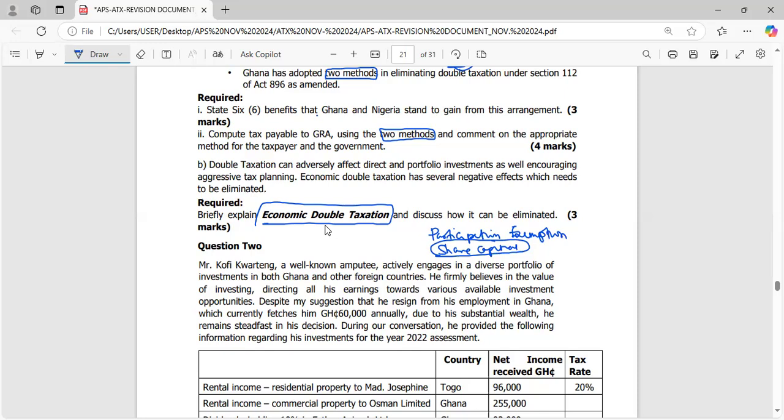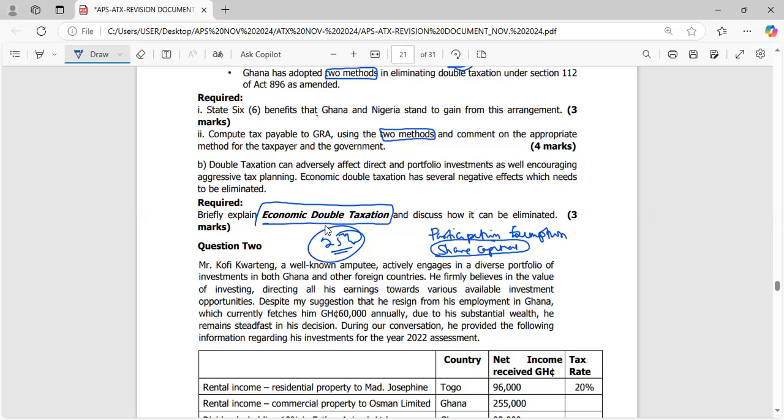Dividend paid to a resident company by another resident company, whereby the company receiving the dividend controls either directly or indirectly at least 25% voting power of the company paying the dividend. The dividend will be what?